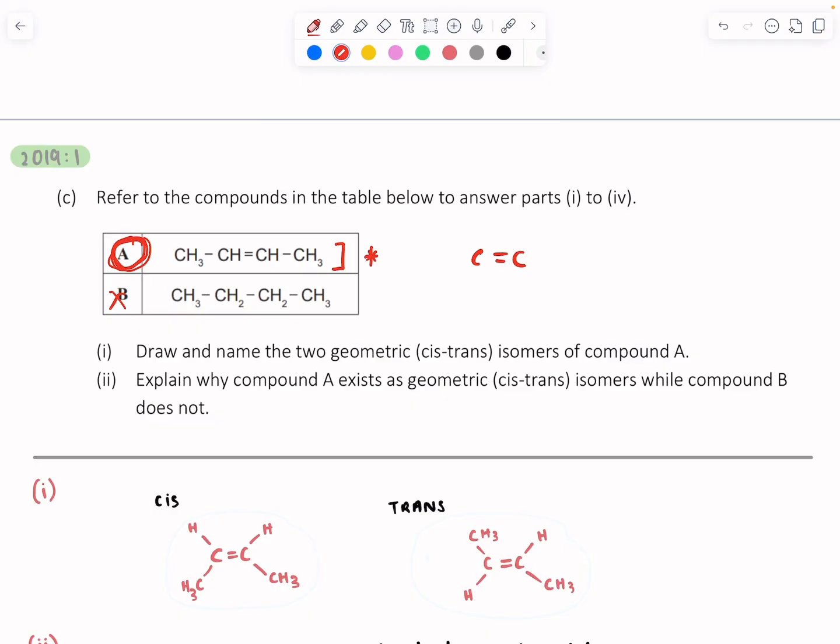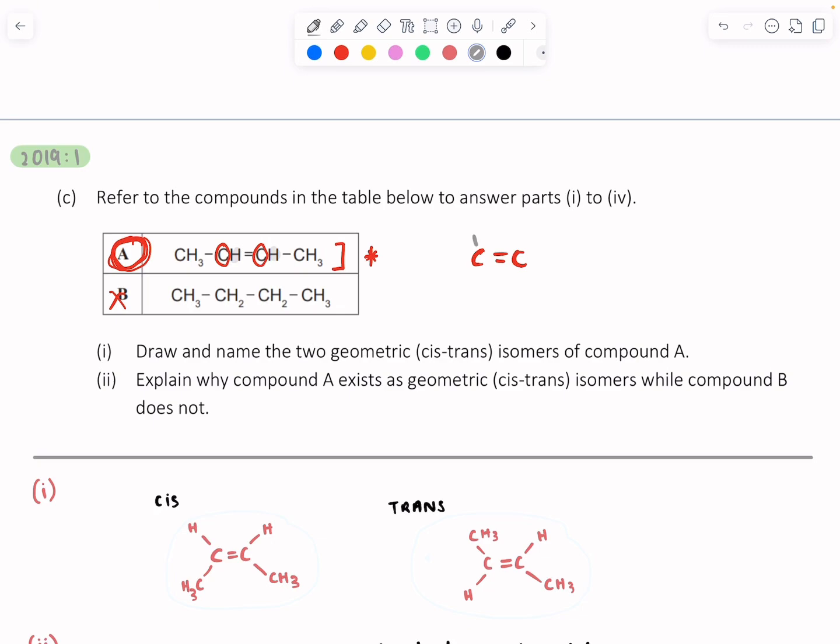And so here we have it. I've drawn these two carbons and they're bonded together by this double bond. The next thing I'll draw on are the hydrogens. For a cis molecule, I need to make sure that these hydrogens are on one side of the double bond horizontally.